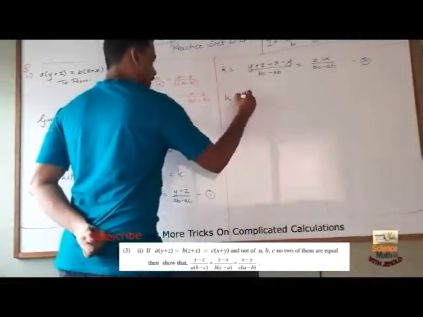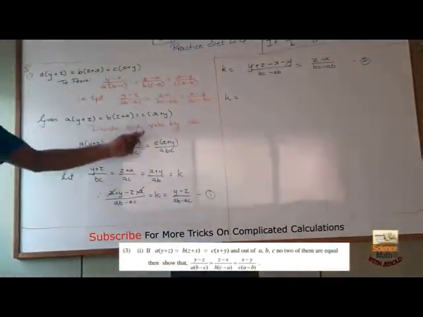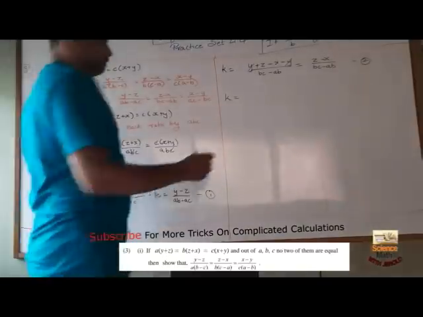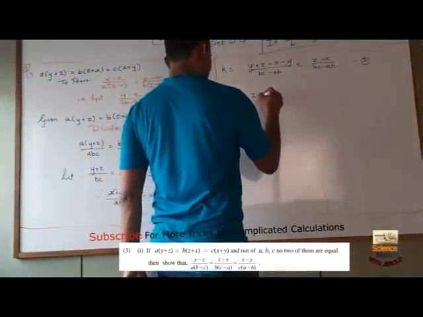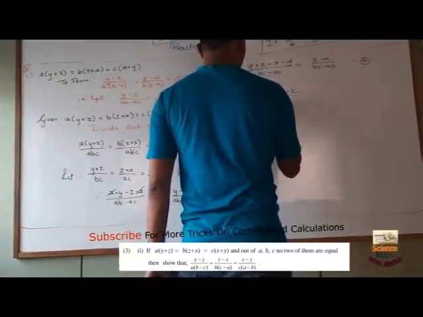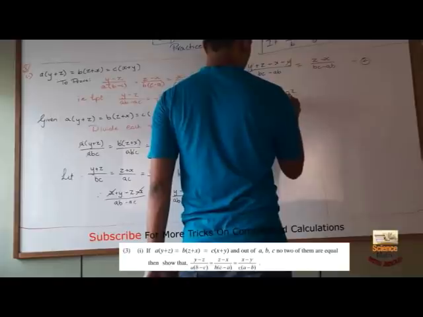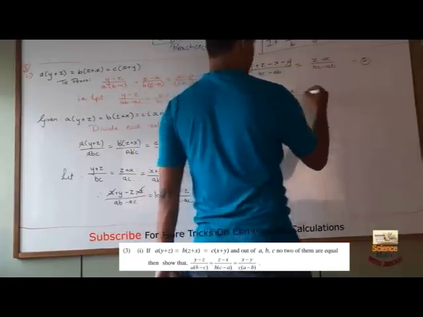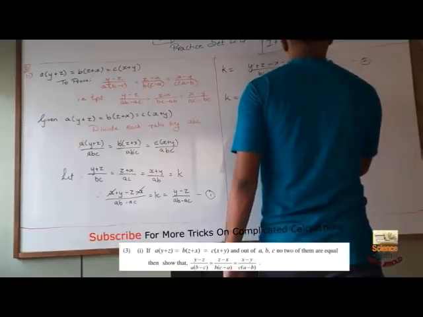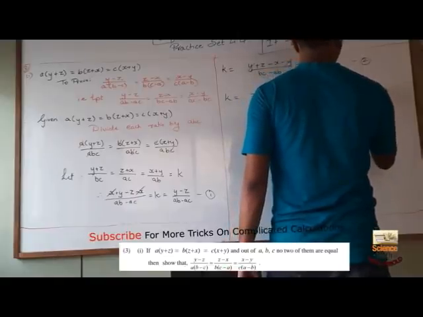Naming the third one, K is equal to, now I am left with AC minus BC, that is AC minus BC. Therefore, z plus x minus y minus z upon AC minus BC. Z and Z again gets cancelled, and I am left with x minus y upon AC minus BC, equation 3.